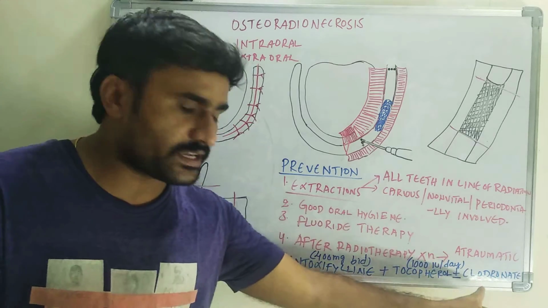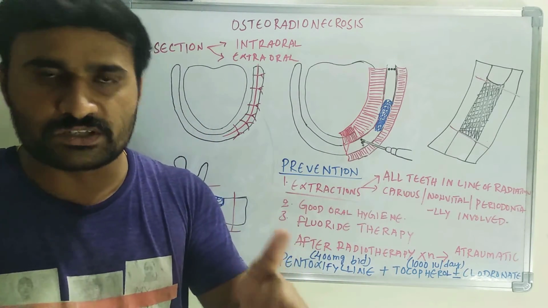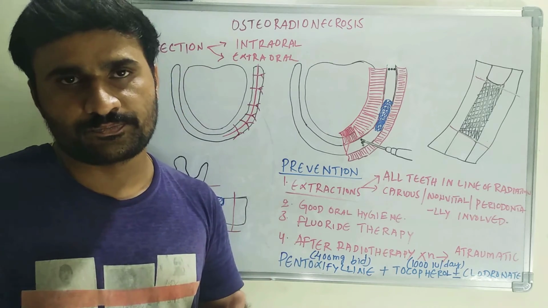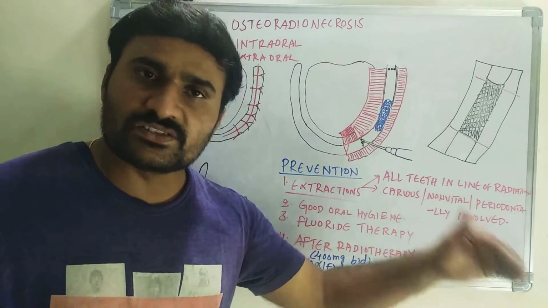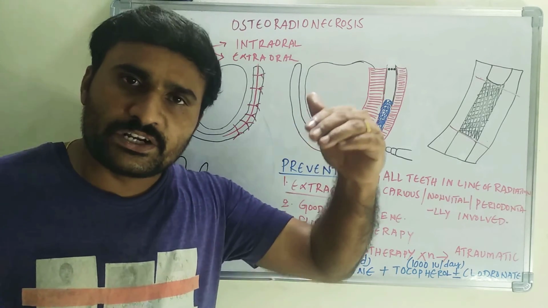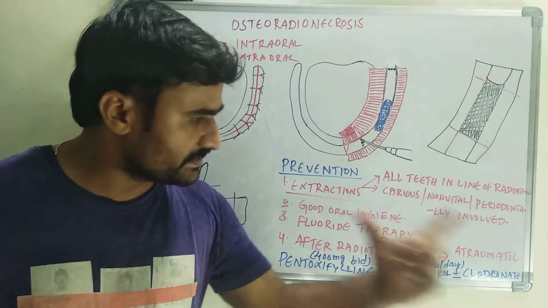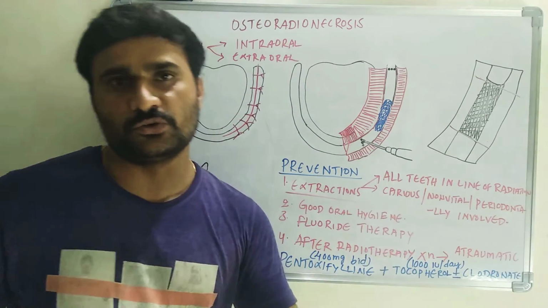Bisphosphonates are used in cases of osteoporosis or osteonecrosis. It inhibits the osteoclast, thereby reducing the bone resorption. Right? In some cases, clodronate is also used.